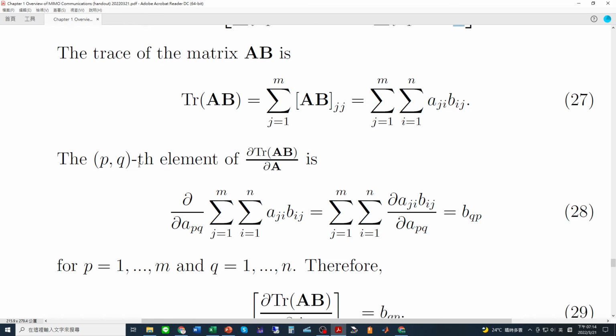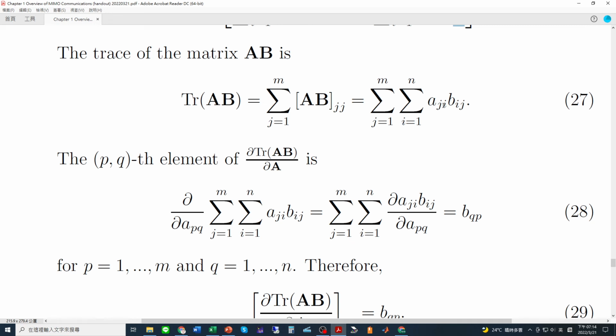Okay, the pq element of the partial of trace of A times B over partial A is equal to the partial over partial Apq of the trace of A times B, and we can substitute this term into here.